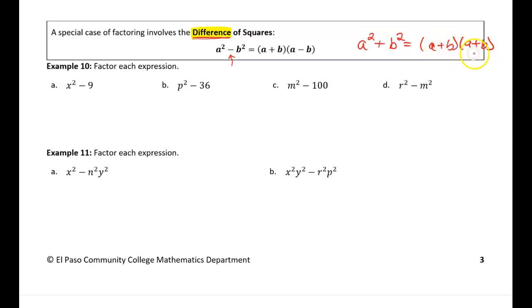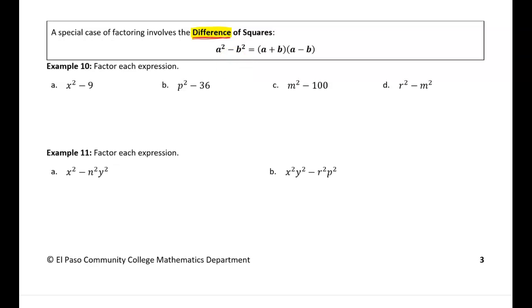We saw just in that last video that a plus b times a plus b is that perfect square trinomial, which has more terms than just these two, right? There was that middle term that we had to consider. So it's important to keep in mind that this shortcut, this new rule, only works when I'm subtracting two square pieces.